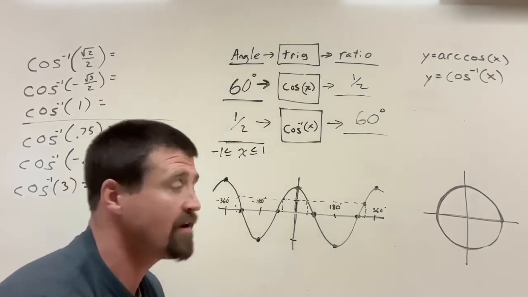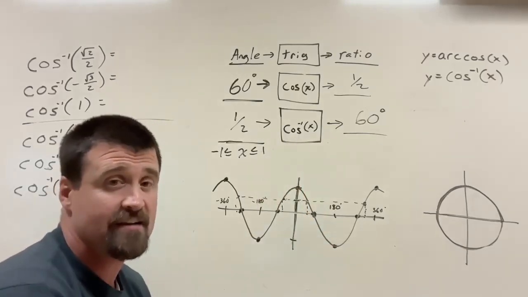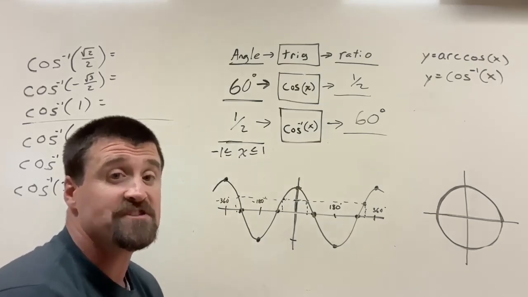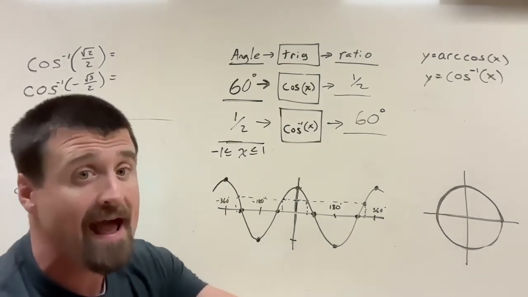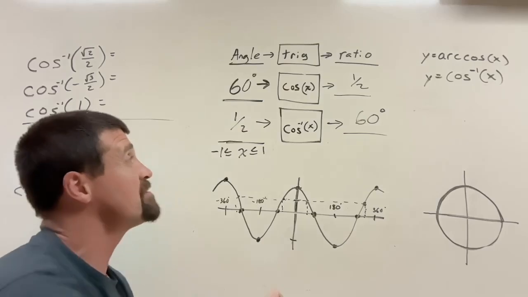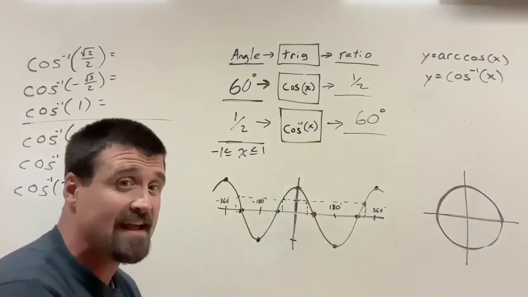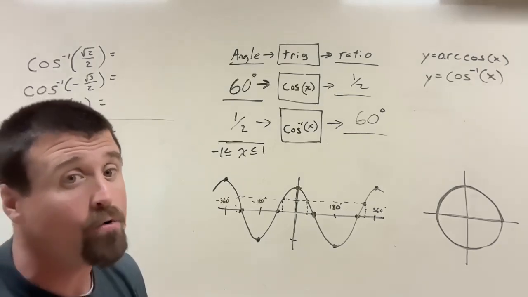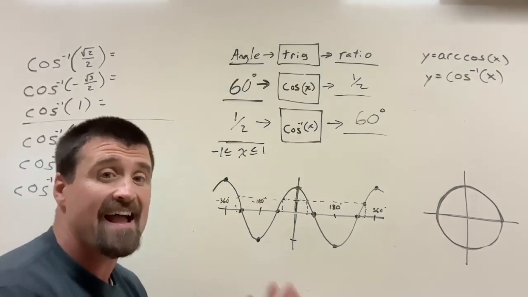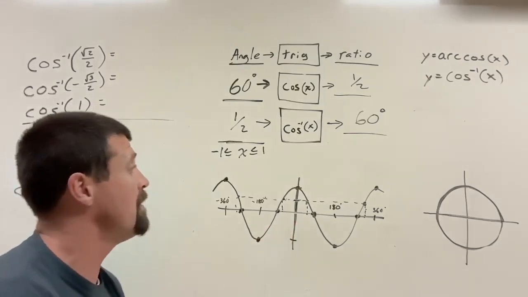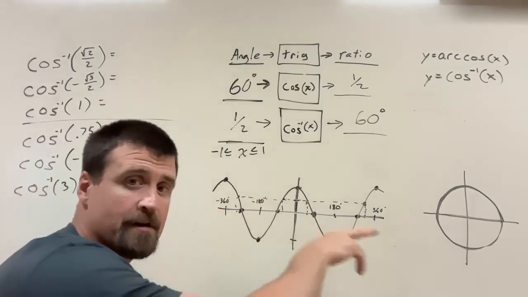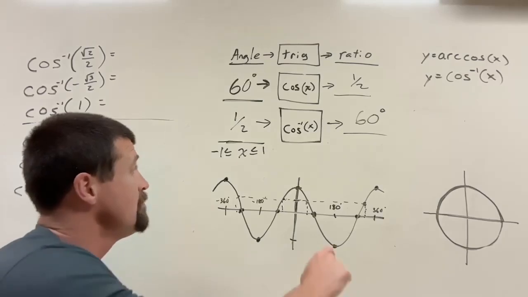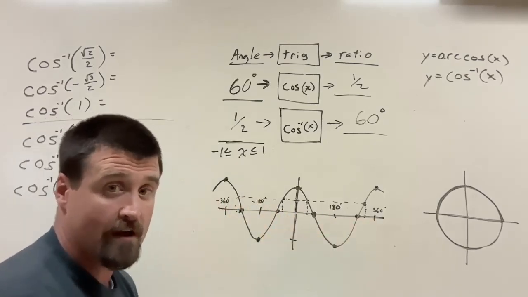So which angle is this inverse function going to give me? Well, when we say the word function, we mean each input can only have one output. So this inverse cosine is not actually the inverse of the entire function cosine. It's only the inverse of a portion of it. If you remember the horizontal line test to see if a function's 1-to-1, right now cosine would fail the horizontal line test.